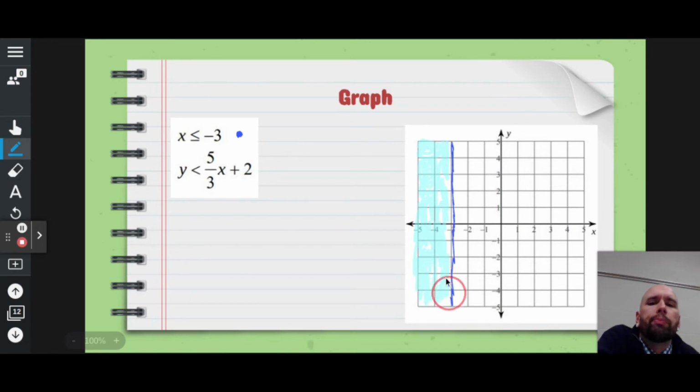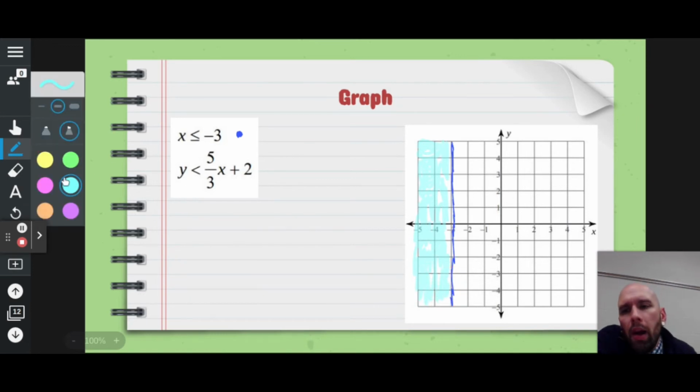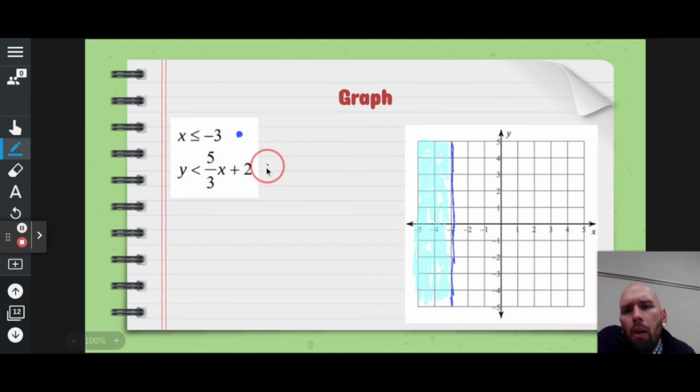Doing great. All right. I'm going to graph you in red. This next one, I'm going to graph it in red. Start at 2. Go up 5/3. Up 1, 2, 3. Can't. Go down 5, left 3. Go down 1, 2, 3, 4, 5. Left 1, 2, 3. Ooh, a dot goes right there on that blue line. I can't go down 5/3 again.